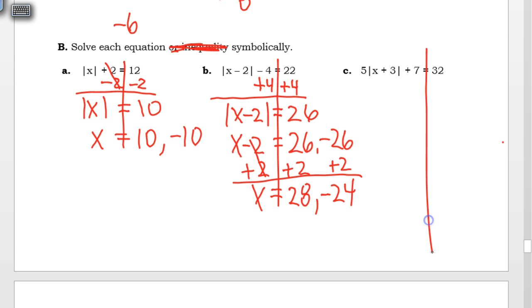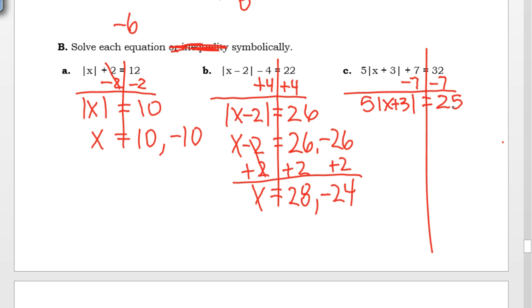Okay, this last one is just going to incorporate lots of steps, but it's the same thing. We're going to undo my addition with subtraction. Subtract 7 from both sides of the equation. Okay, my next step would be to undo my multiplication.